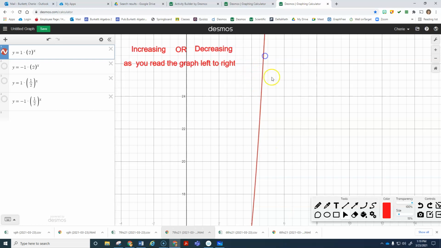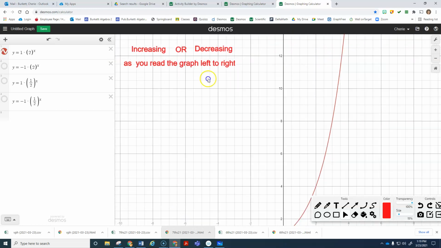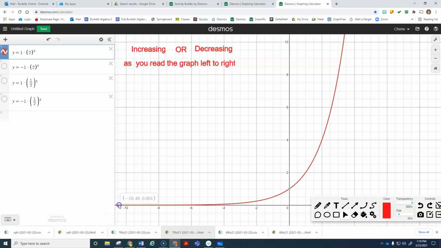Here I'm up to 26. But again, as I'm moving from the left side, where the Y values are 0.001, toward the right side, my Y values are increasing. So I'm going to put an I right there, for this graph to be increasing.